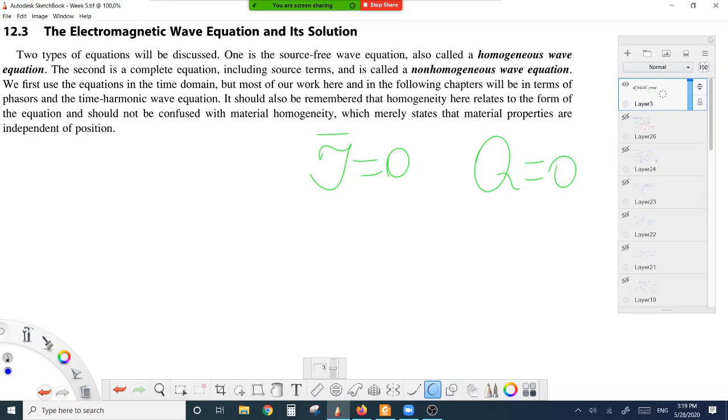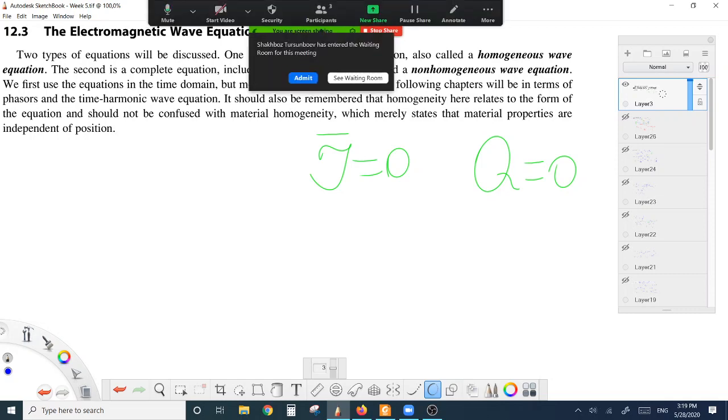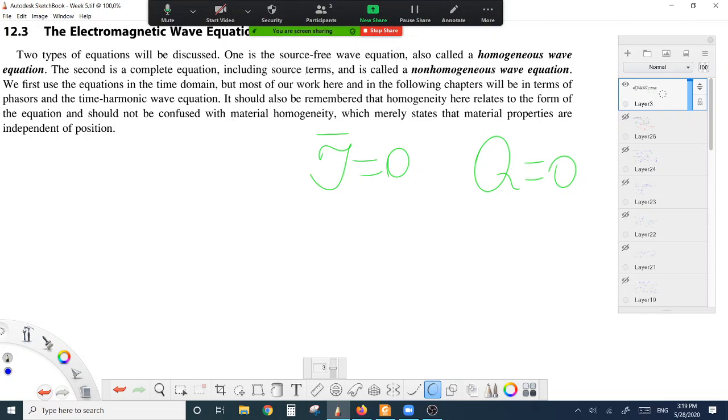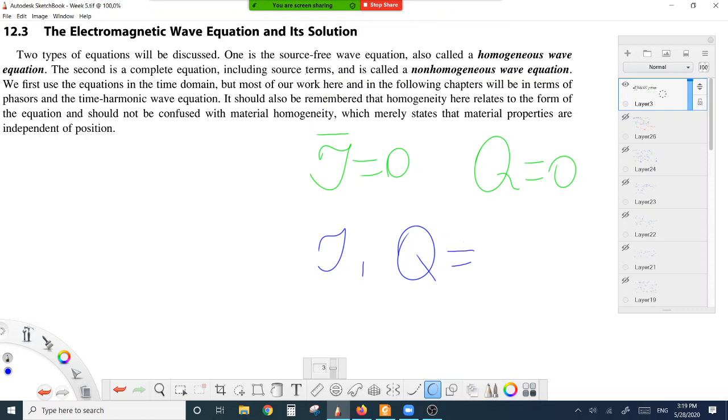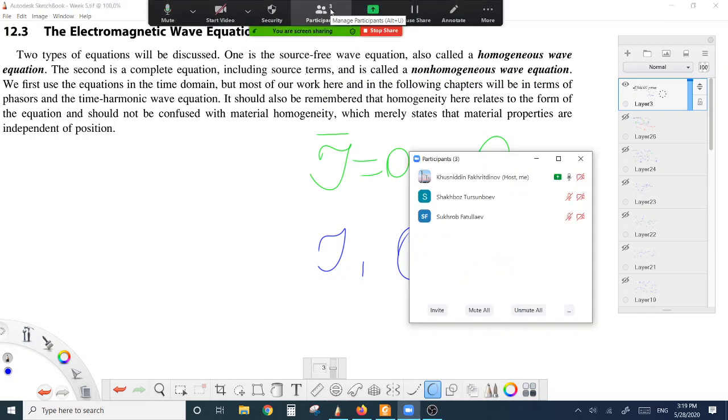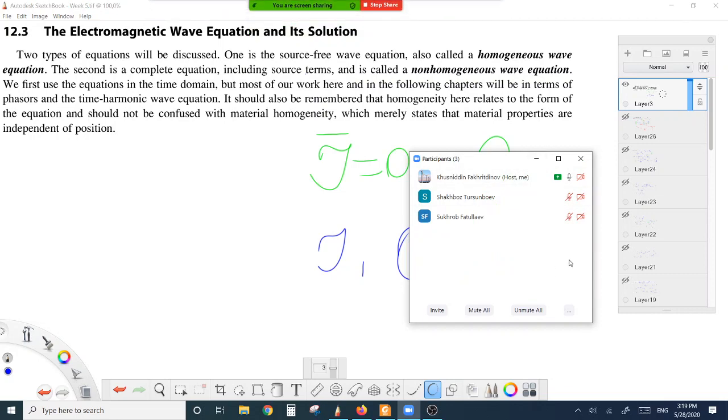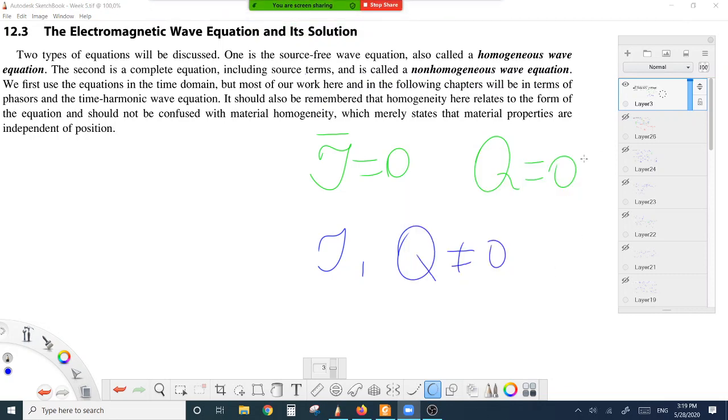And the second is the complete equation, which also includes source terms, where J and Q are not zero, called the non-homogeneous wave equation.